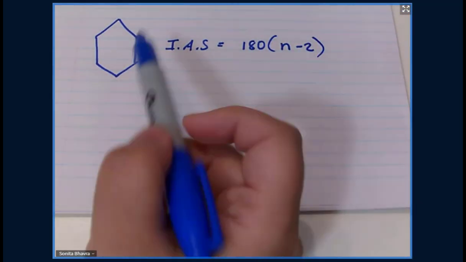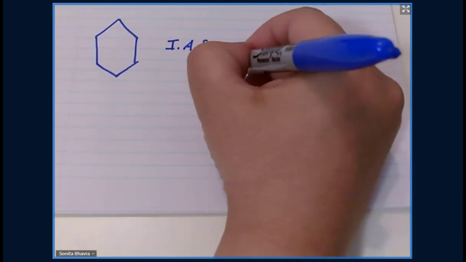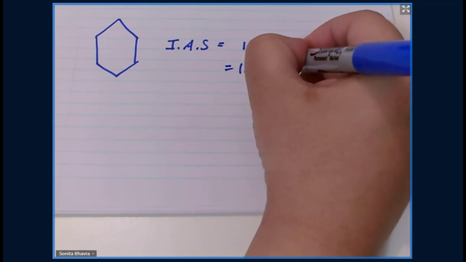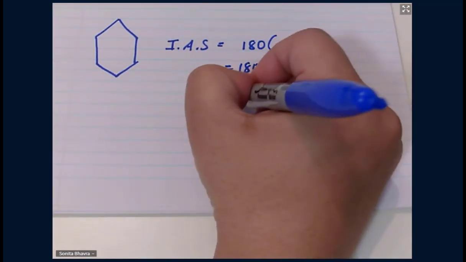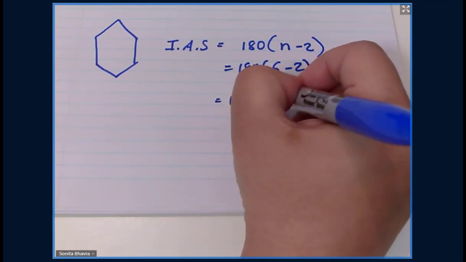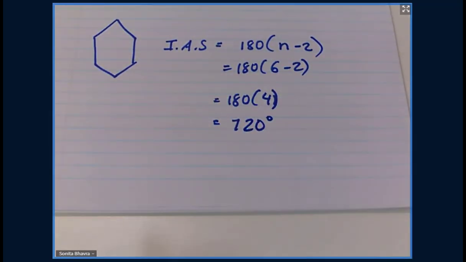The number of sides in this figure is 1, 2, 3, 4, 5, 6. So it will be 180 in brackets 6 minus 2. So 180 times 4, which gives us 720 degrees. So that's the formula method.